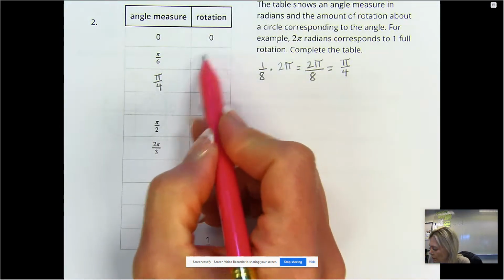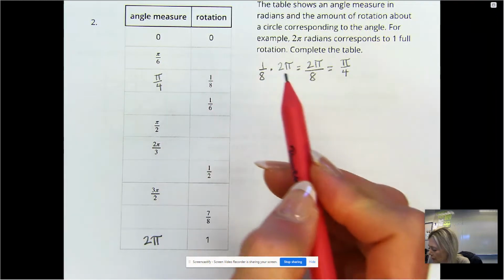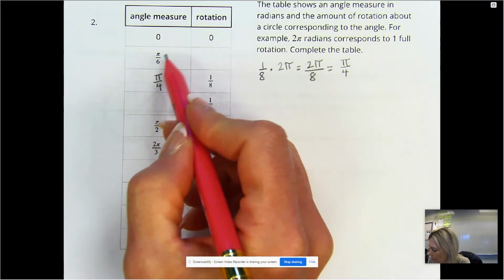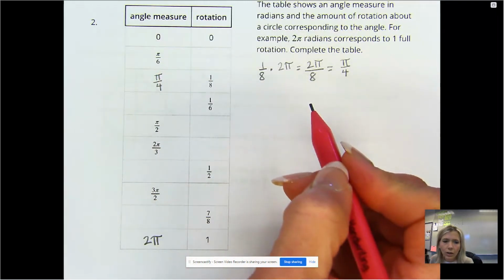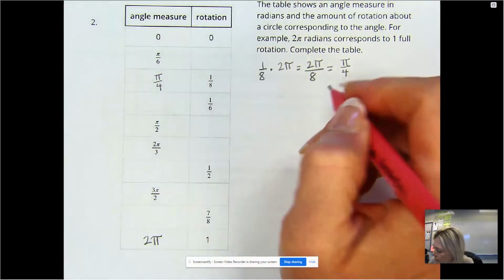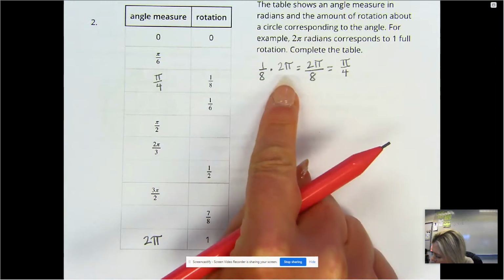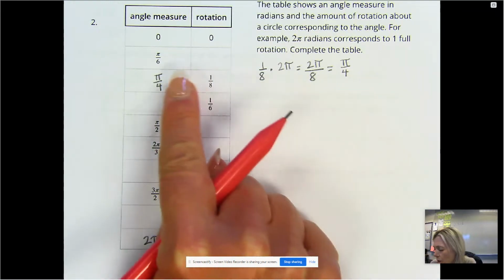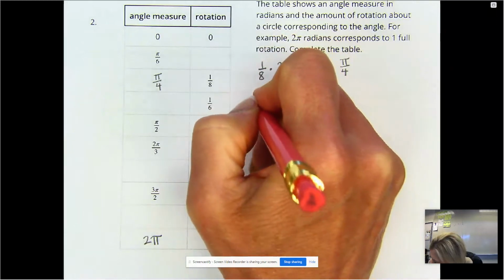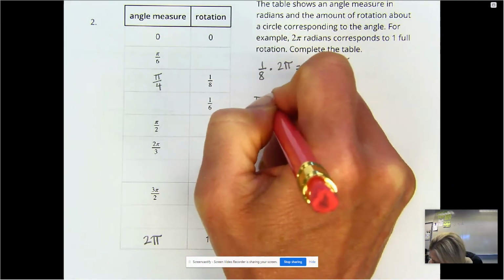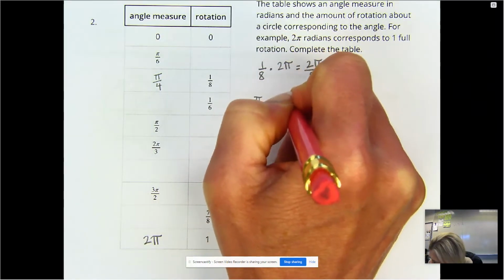Okay, so kind of the same idea. What we're looking for is the rotation here, and instead we have the angle. So if we have the angle, how much of a rotation was that? To get the angle, we multiplied by 2 pi. So if we know the angle, we're going to divide by 2 pi. So pi over 6 divided by 2 pi.